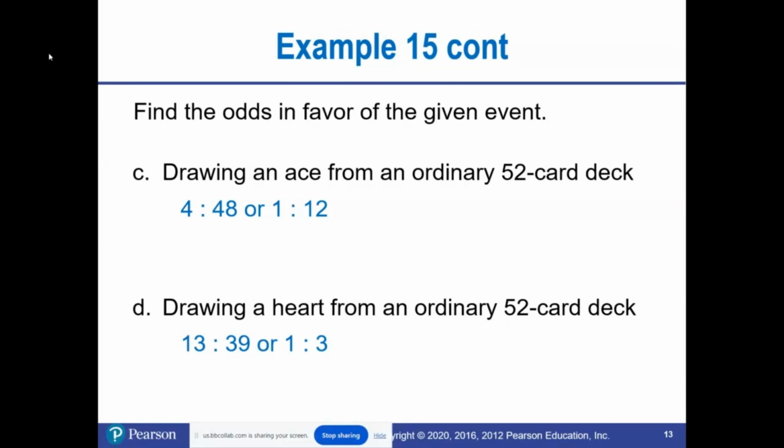So that means there's 13 hearts. If I take 13 from 52, that's 39, and 13 to 39 is your odds, which would be 1 to 3 because it reduces. I guess I was thinking ace and spade. I don't know.